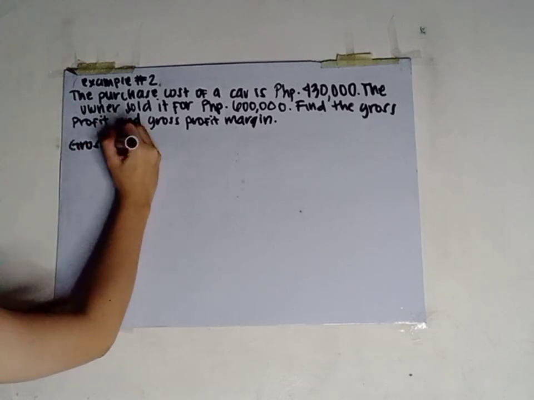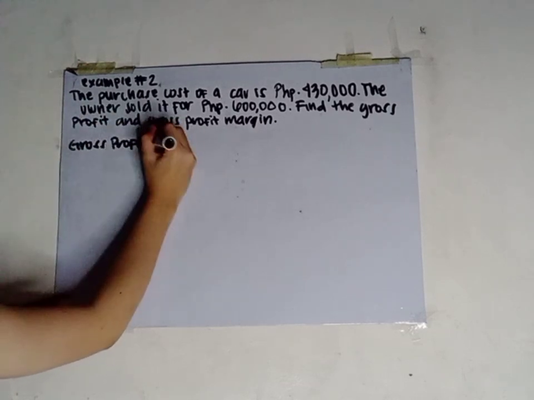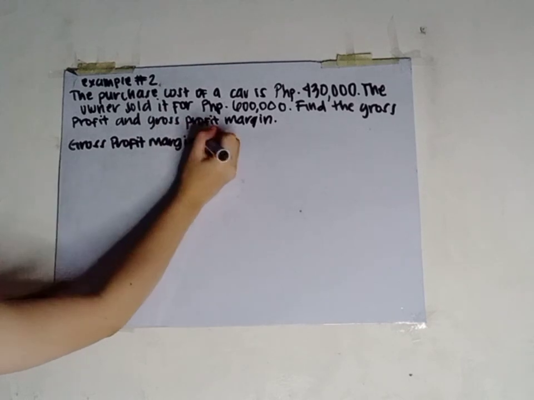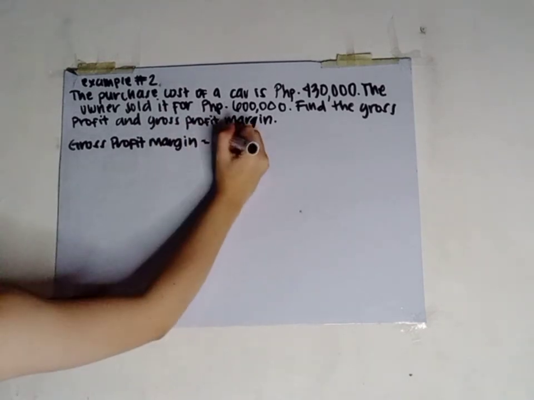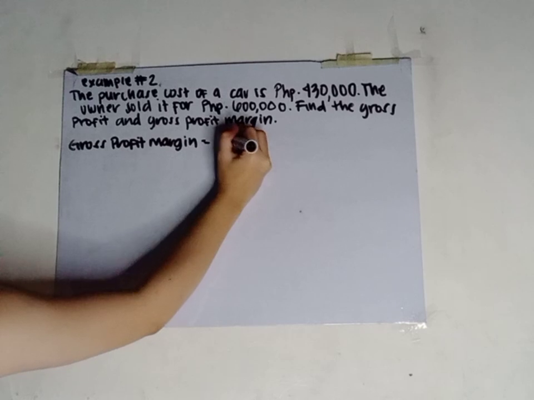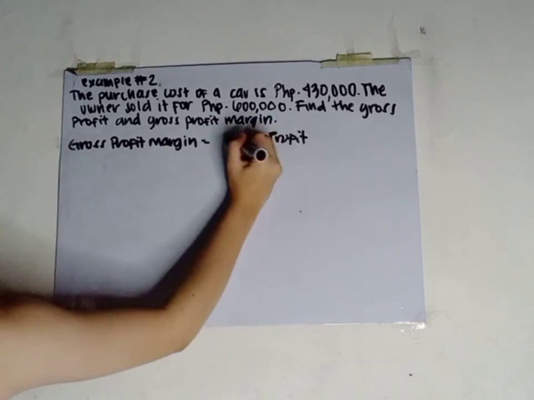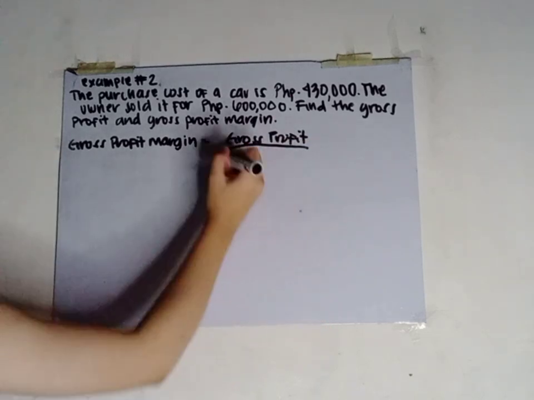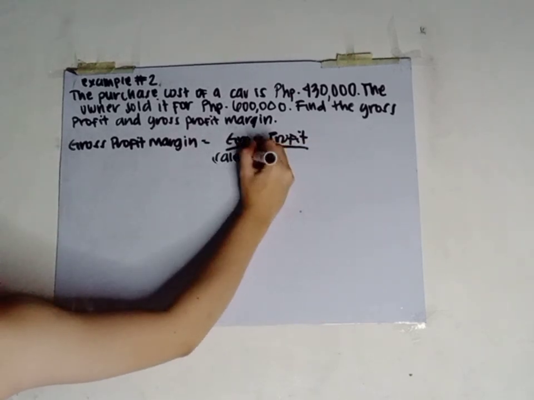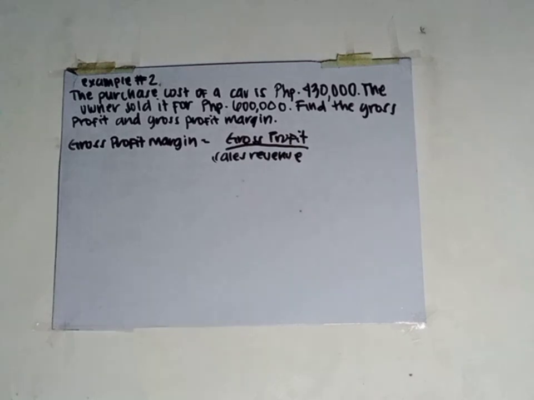And now, we need to find the gross profit margin. Write the formula. Gross profit margin equals gross profit divided by sales revenue.